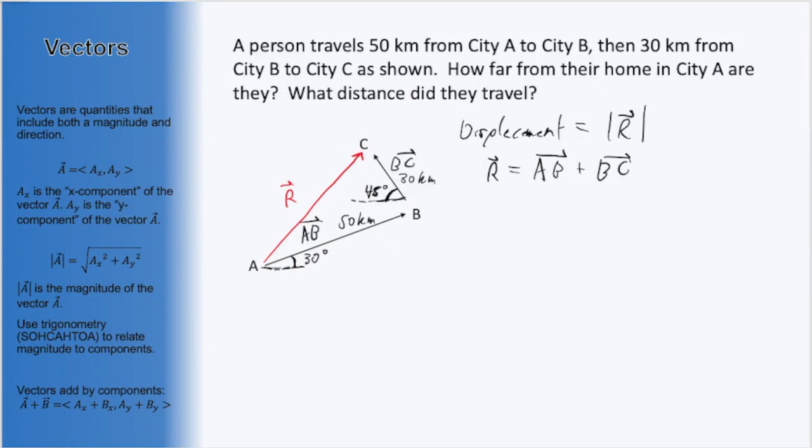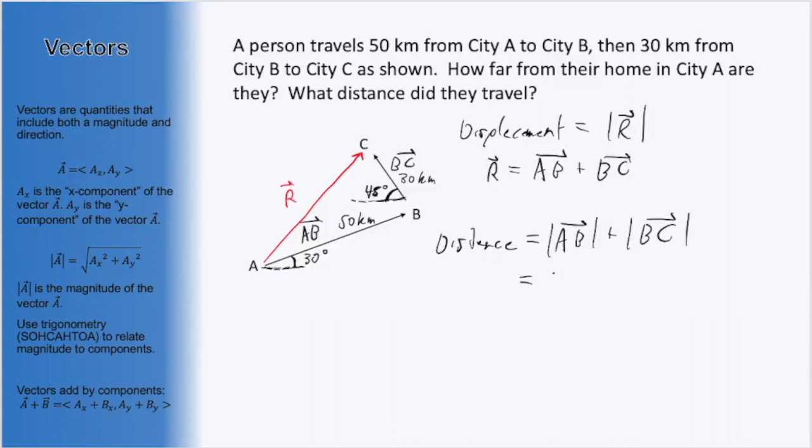The displacement answers the first part of the question, but now what about the distance traveled? Finding the distance is actually much easier in this case. The distance will end up just being equal to adding up the magnitudes of each individual displacement vector we took along our path. But these magnitudes were already given to us.